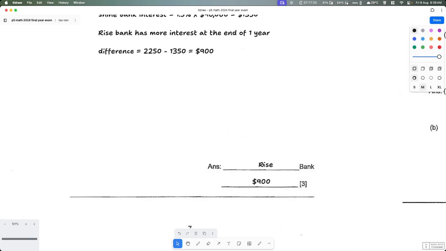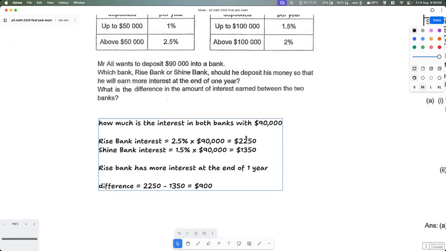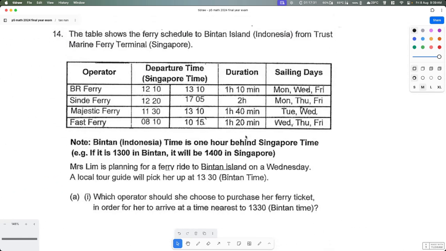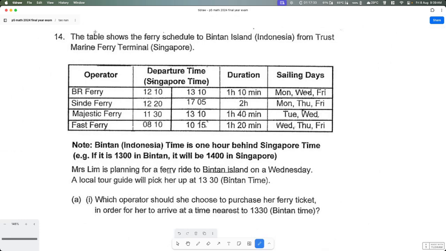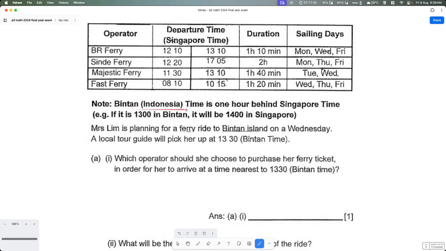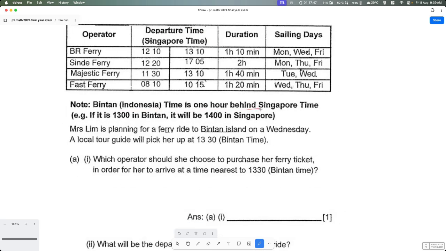Let's move on to the next question. Question 14. A lot of words and numbers. The table shows the ferry schedule to Bintan Island from Tanah Merah Ferry Terminal, Singapore, to Indonesia and back. Note Bintan Indonesia time is 1 hour behind Singapore time.